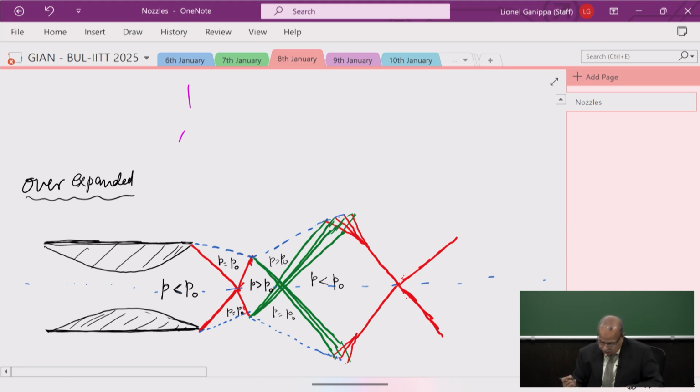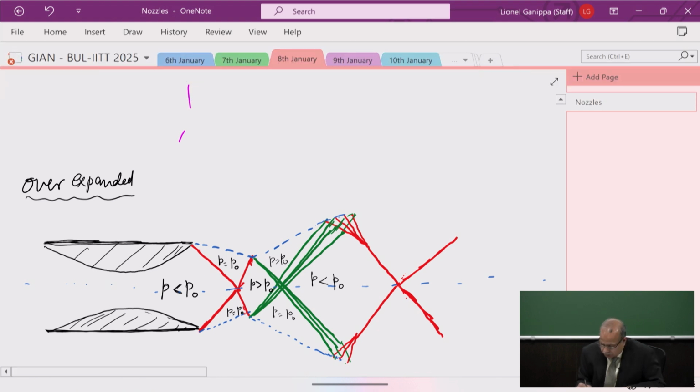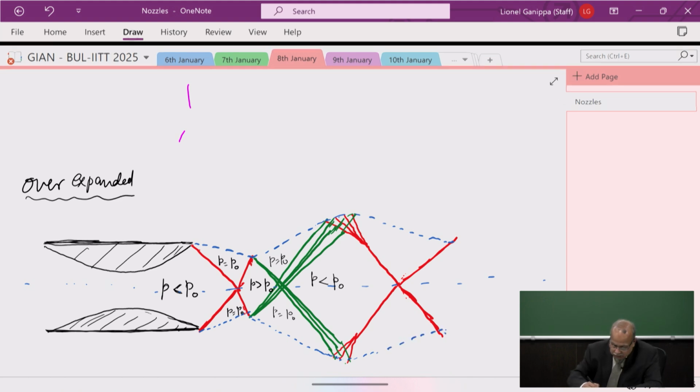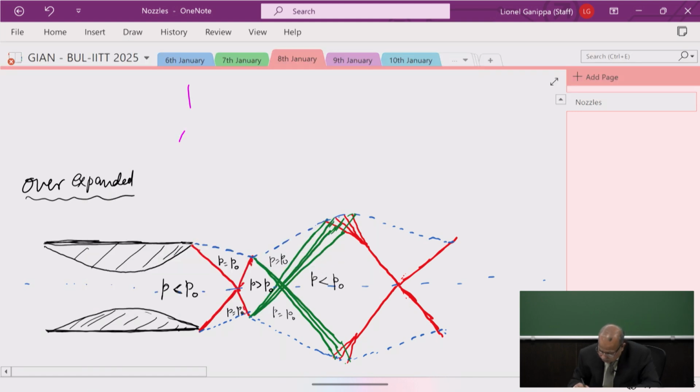So what we see here, the free boundary flow will turn because of the oblique shock. Now again the pressure will increase, the pressure will be higher, and the pressure will be greater than P naught.